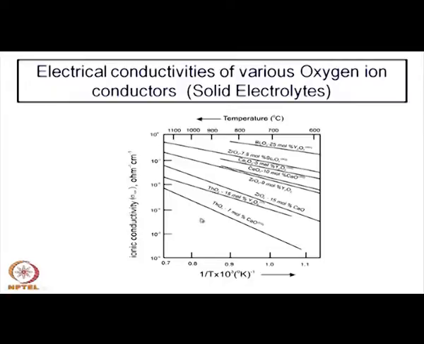Thoria, on the other hand, has a much lower conductivity, so it can be used at very high temperatures, but it is costly, and there is also some problem of radioactivity, so until and unless it is absolutely essential, one does not use thorium oxide electrolytes. So, these are the relative ionic conductivities of the different oxygen ion conductors known to us.